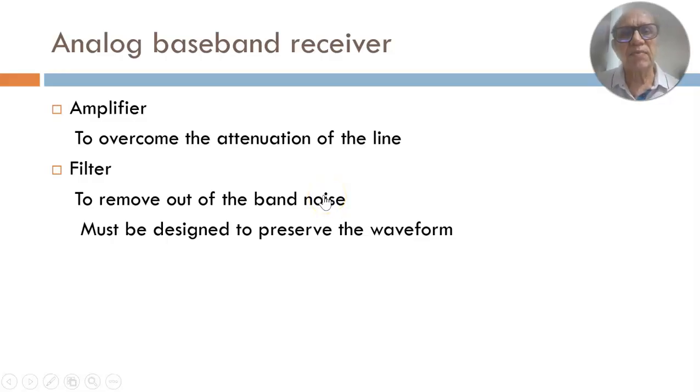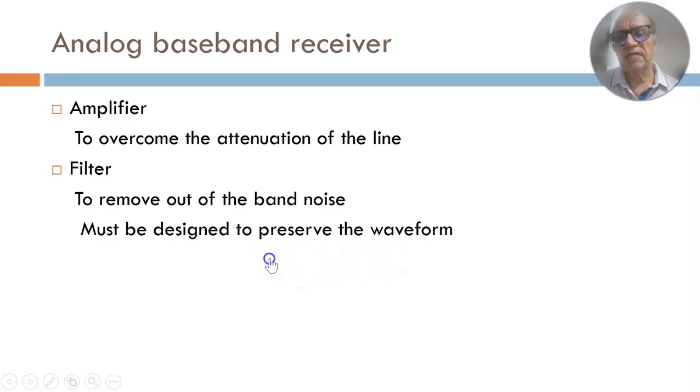But out of that band spectrum, the signal doesn't reside. Therefore, you want to remove the out of the band noise by using a filter, which means that within the band the gain will be constant. Outside the band, ideally the gain will be zero. So let's just repeat that. The objective of the filter is twofold: to remove out of the band noise, and it must be designed to preserve the waveform. That means within the band spectrum the gain should be constant.